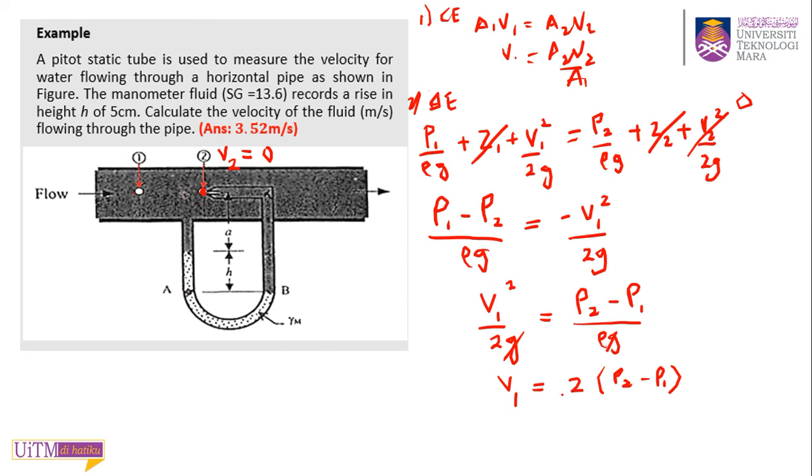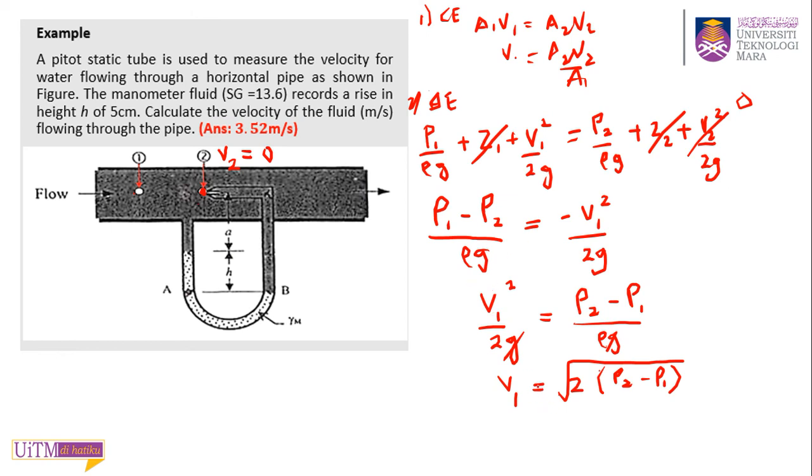Understand this? I changed it back because the question wants you to find velocity, that means velocity 1. That's why you try to get your equation in terms of what you want to find.